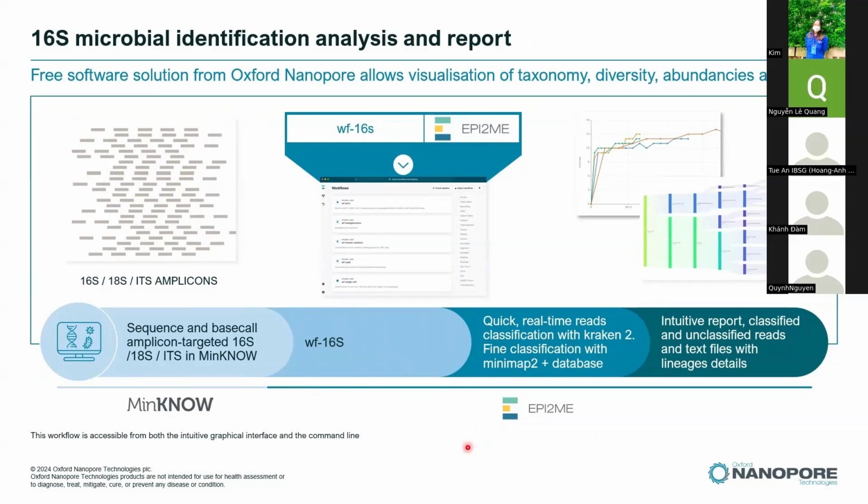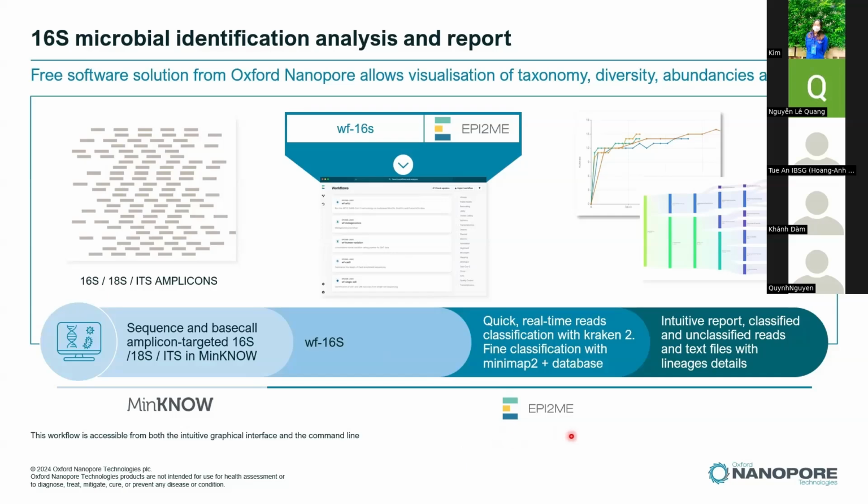You can run it locally on your own device, or you can also use the cloud. The software looks similar whether you run it locally or in the cloud, so that there's no confusion and it's user friendly for you.